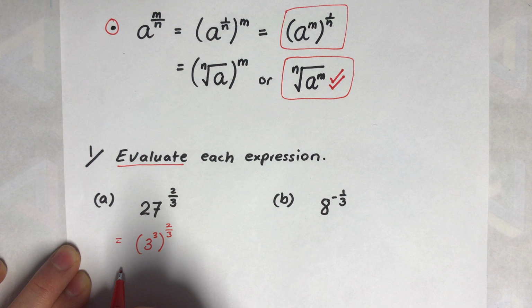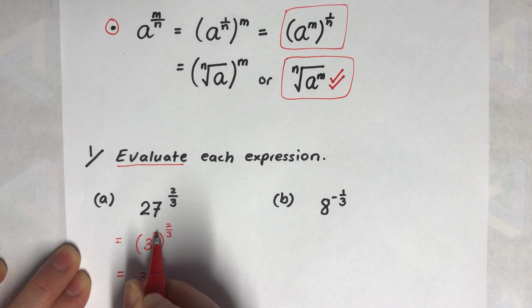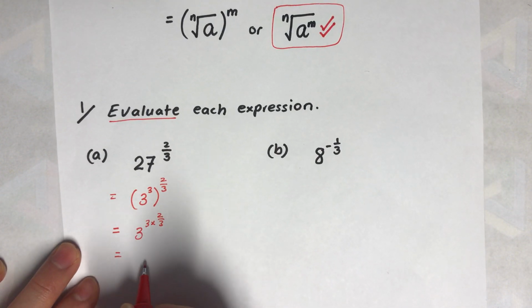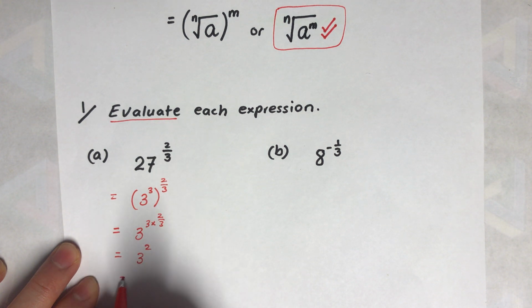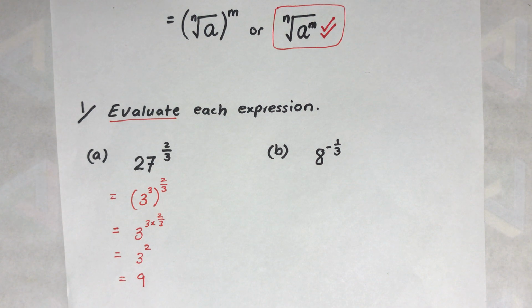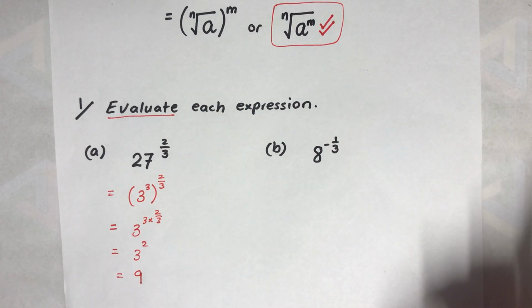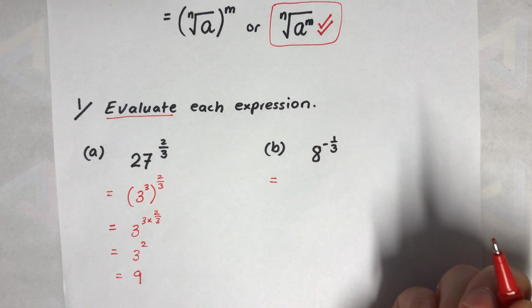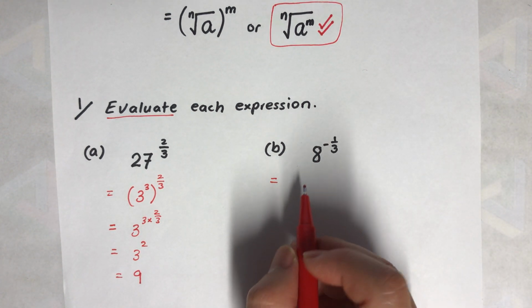So you need to remember those basics. If I do that, you multiply the powers together, and it'll be 3 to the power of 2. The answer is 9. Of course, if you can use a calculator, it'll be great. But if it's a non-calculator section, like a test, it's good to have this skill and understanding.